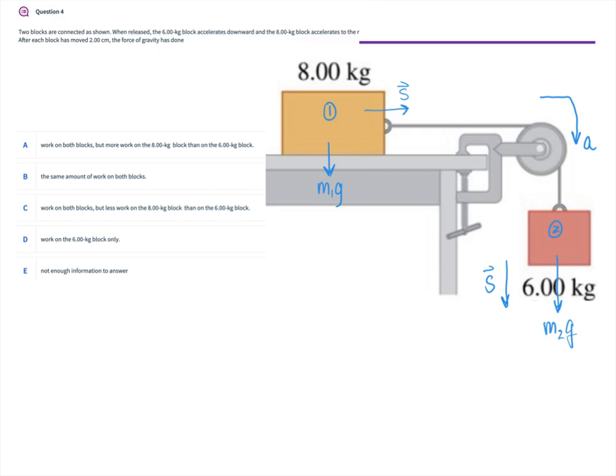So for this block, there's no work done by gravity because the angle between the force and the displacement is 90 degrees, and the cosine of 90 is 0. But in this case, the displacement is in the direction of gravity, so gravity does work on that block. It doesn't do work on the 8, and so we would pick option D.